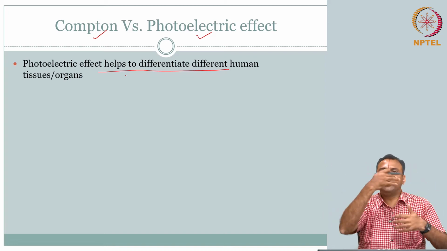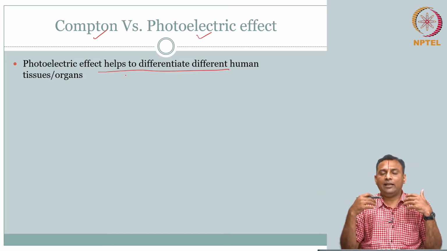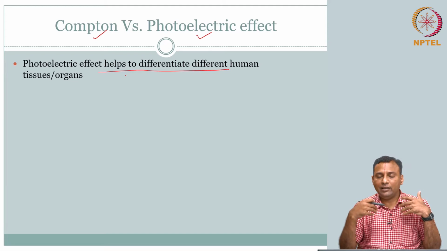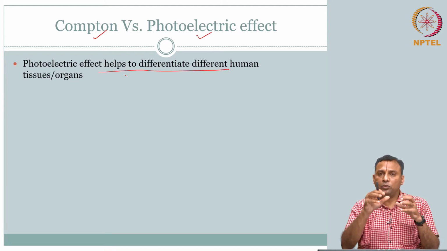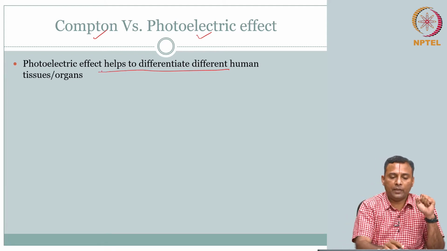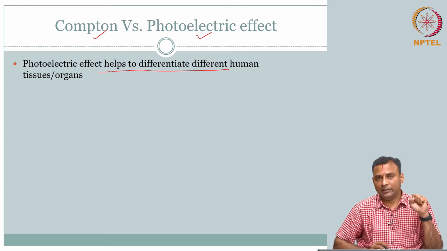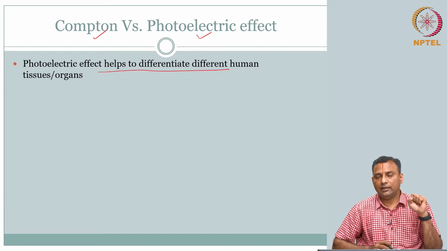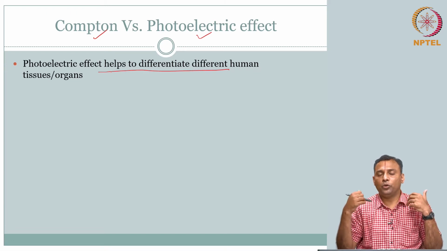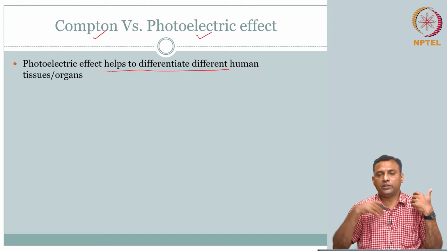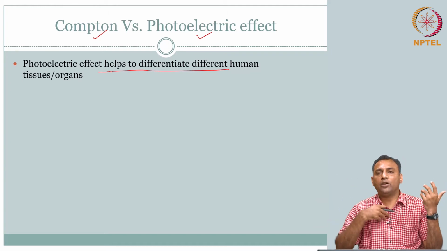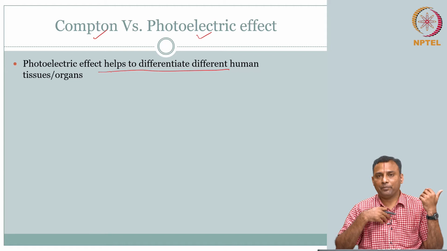So it is this differential ability of different materials to absorb the energy to different extents through the photoelectric effect. That is what you want to map. So you want to maximize photoelectric effect. If there is no interaction, whatever you send, whatever comes out, then you cannot tell anything about the medium.